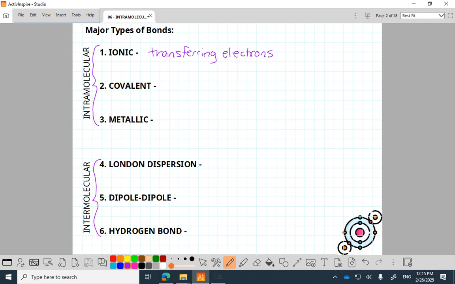Some prefer the more broad definition, cation and anion, because in grade 10 usually your teacher will do ionic, molecular, and polyatomic. But polyatomic is essentially similar to an ionic bond, plus, minus, transfer electrons. So we don't need to make that distinction.